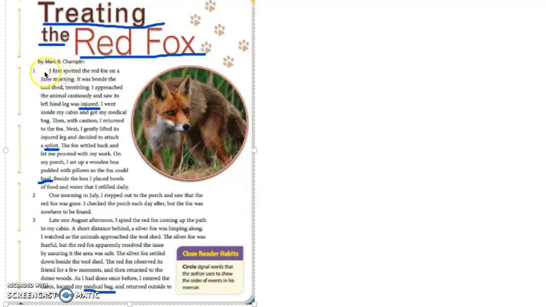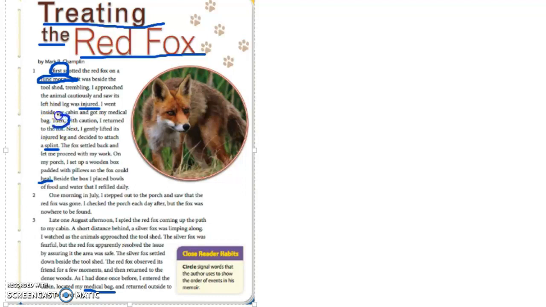So the first word that I see is first. This word here is a sequential word. The next time word I see is June morning. That gives us a time of the day and also a time of the year.